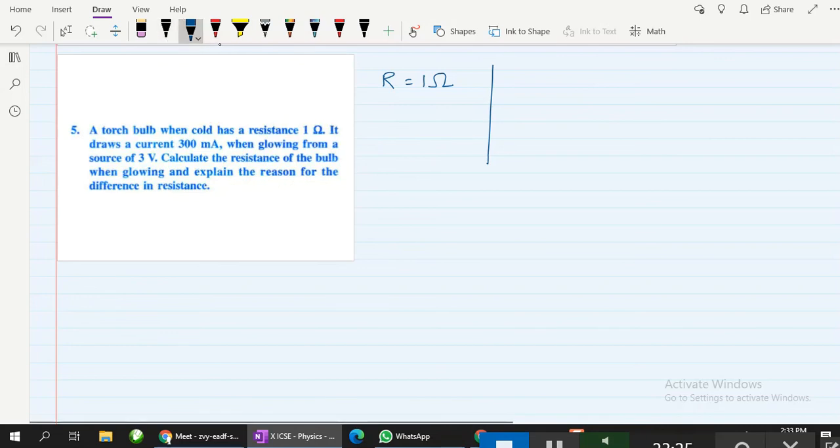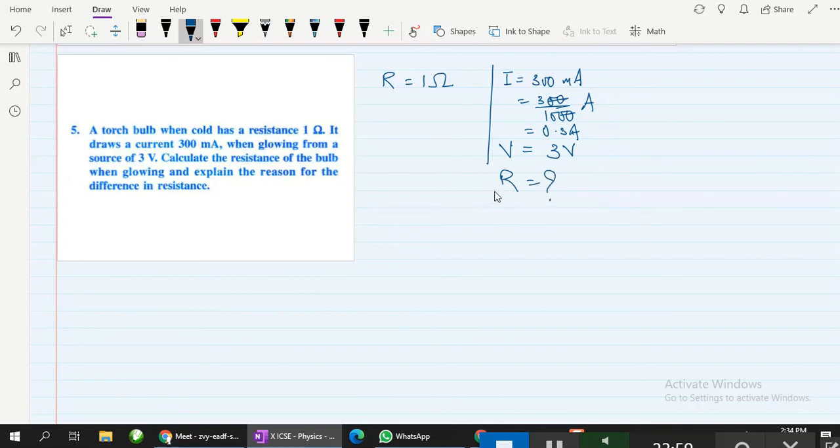But then they have said that it draws a current of 300 milliampere. I is equal to 300 milliampere, which is 300 divided by 1000 ampere, which is 0.3 ampere. When glowing from a source of 3 volts, voltage है 3 volts का. Calculate the resistance of the bulb when glowing and explain the reason for difference in resistance.